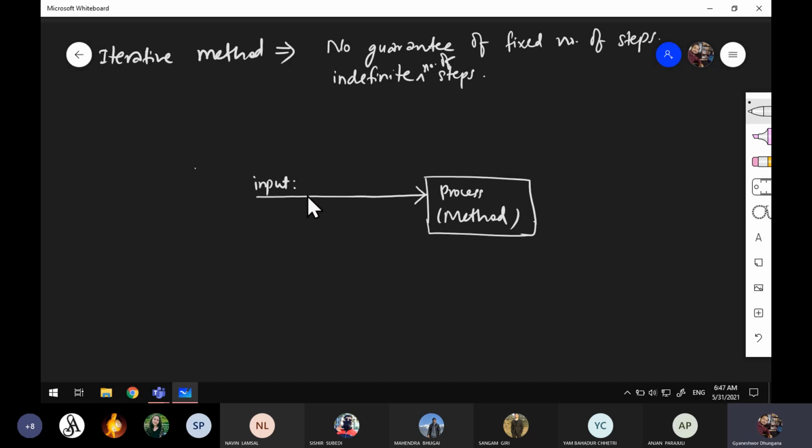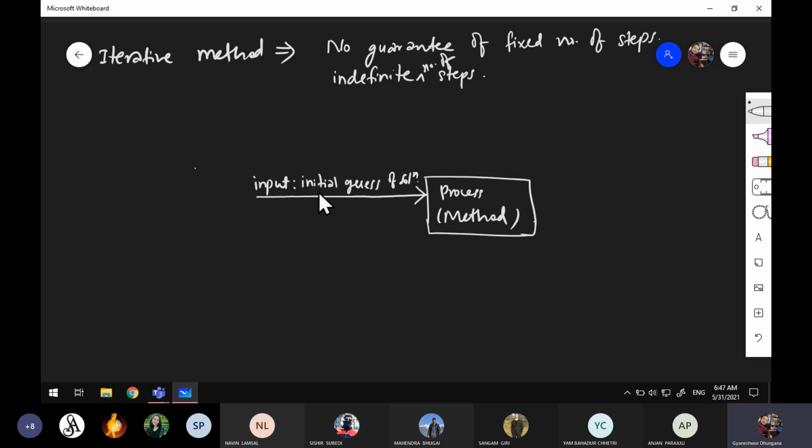That input is actually the initial guess. Initial guess for the solution.